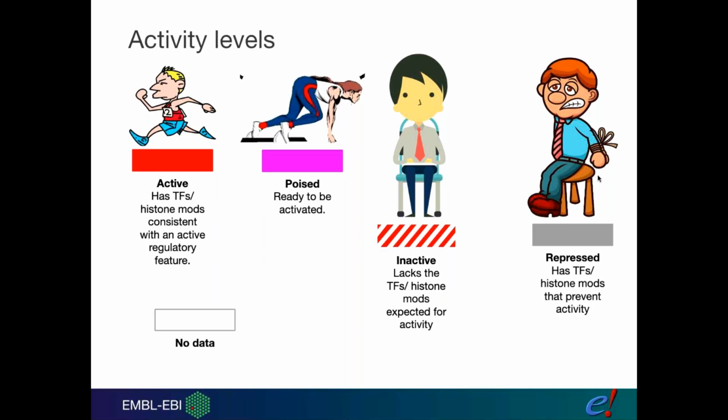So if you compare the histone modifications, active would have activating histone modifications, inactive would have no histone modifications, and repressed would have repressive histone modifications. There's also the option of no data, which means that for that particular cell type, there isn't the stuff we need to be able to call it. So if there's a cell type where there's no CTCF data, CTCF binding sites would be called as no data.